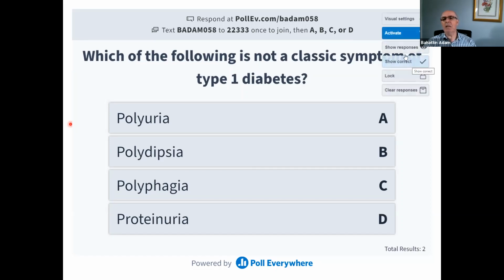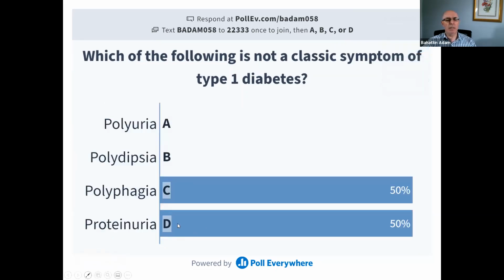Okay, thank you. Now let's see. The D is correct. Proteinuria is not a classical symptom of diabetes mellitus. The others are the classical symptoms of diabetes mellitus.